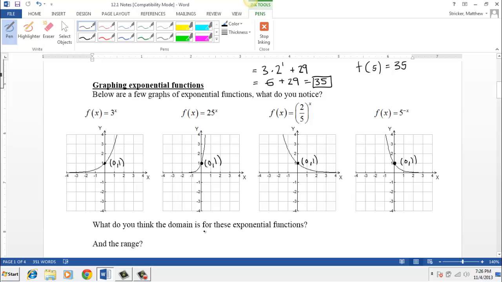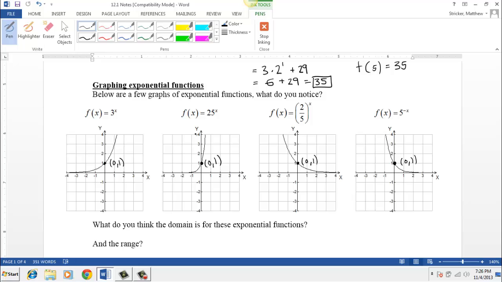That should make sense, because if you put your power to 0, 3 to the 0 is 1, 25 to the 0 is 1, 2/5 to the 0 is 1, and 5 to the 0 is 1. No matter what the base is, anytime you raise something to the 0 power, the output is 1.